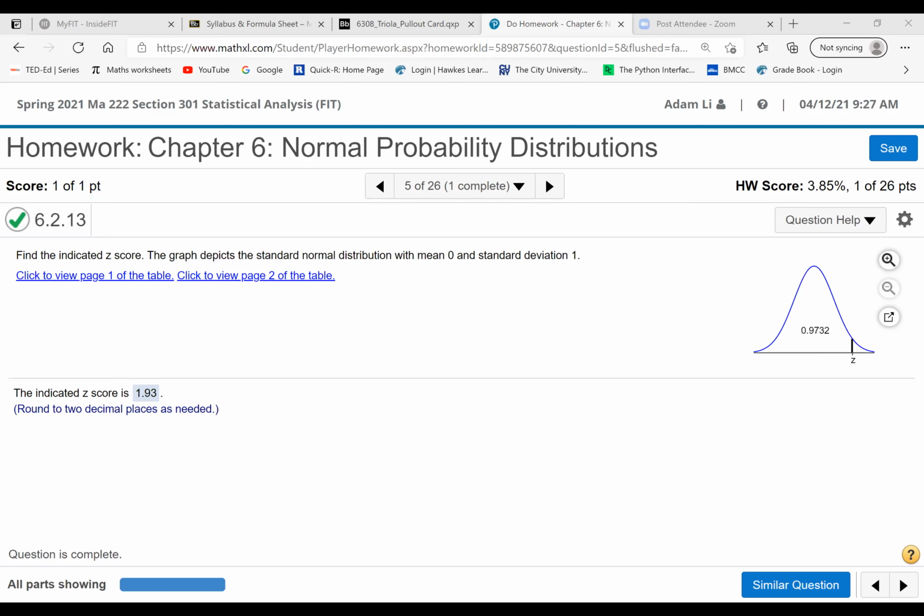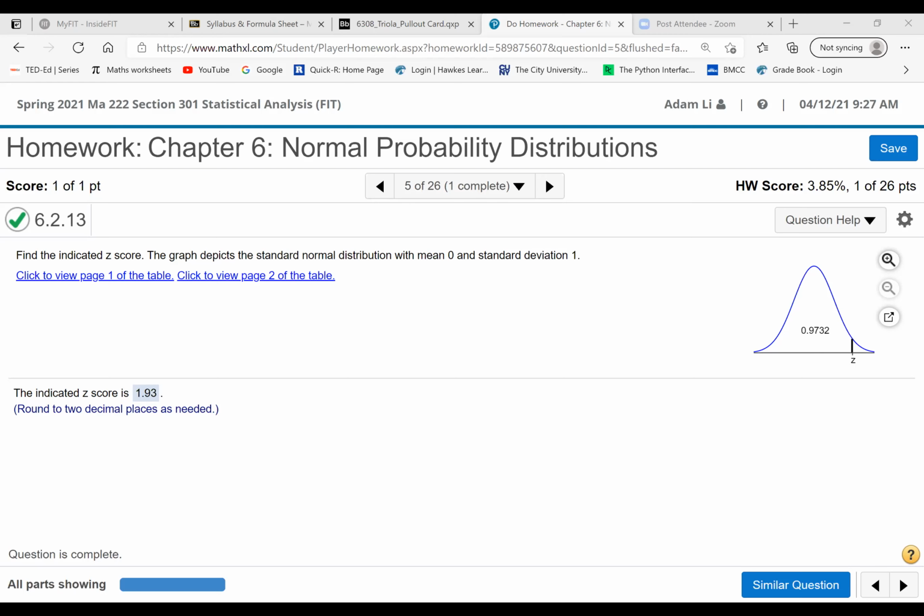For the second one, let's find the probability. Percentage is also probability. Find the probability of adults with an IQ score between, let's say, 90 and 110.